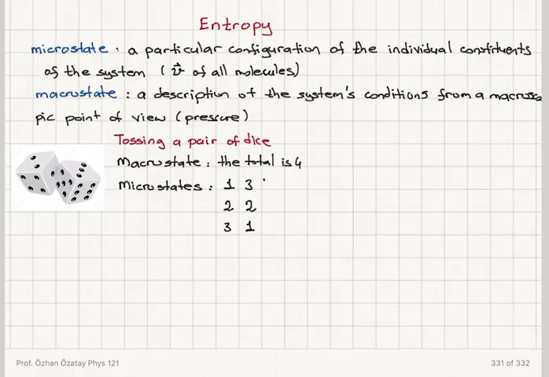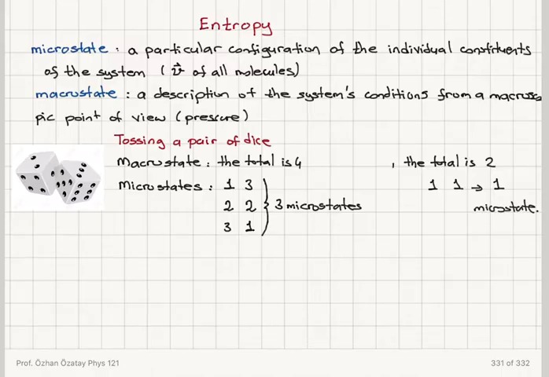So you can see there are 3 microstates corresponding to this macrostate. On the other hand, if I say the total is 2, then you must have a microstate of 1, 1, which means just 1 microstate.